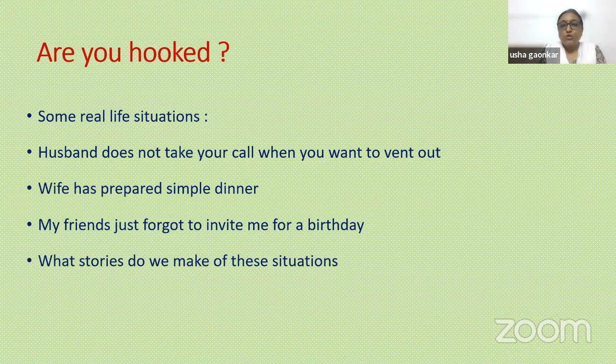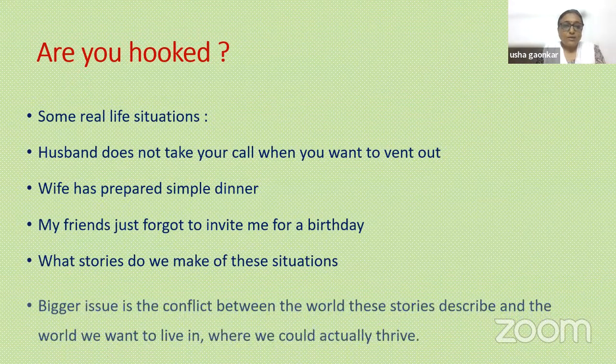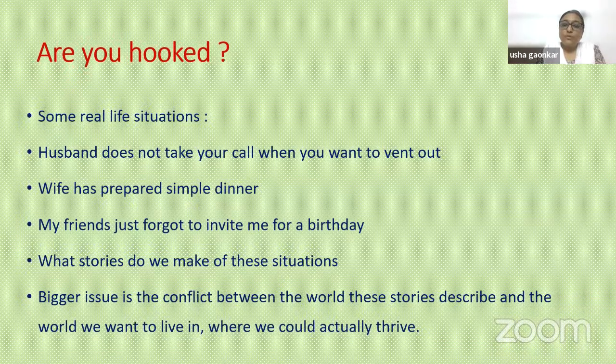Next, what stories do we make of these situations? We just made up the stories. So the bigger issue is the conflict between the world these stories describe and the world we want to live in. All right, so there is a difference between what these stories describe and the world we actually want to live in.